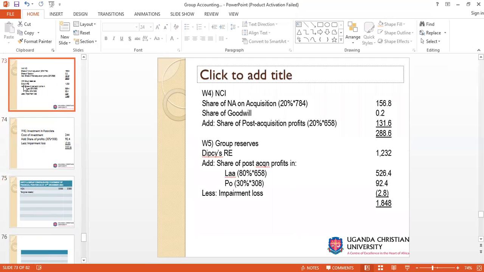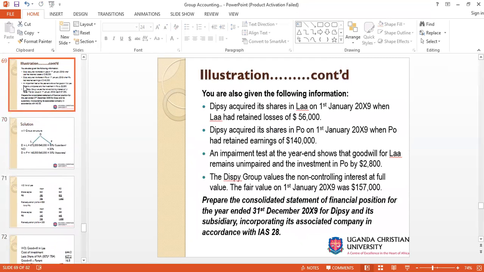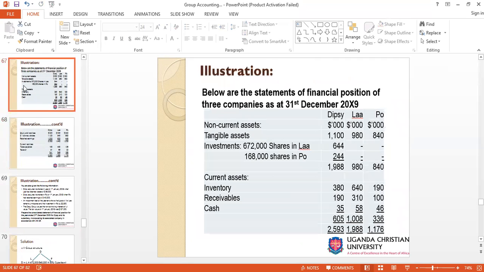When we are consolidating the financial position, we consolidate the parent and subsidiary, not together with the associate. The associate we incorporate in the results, but we don't consolidate it.